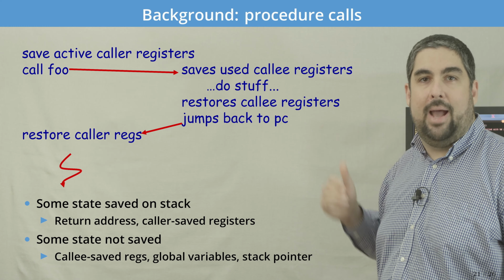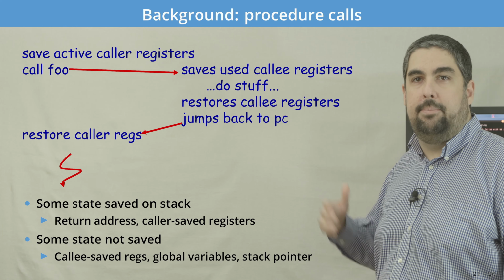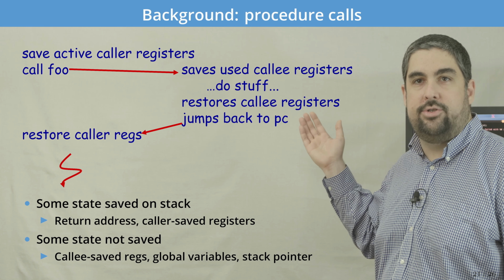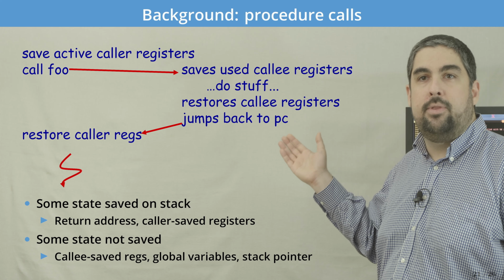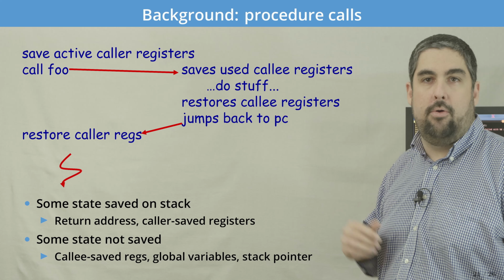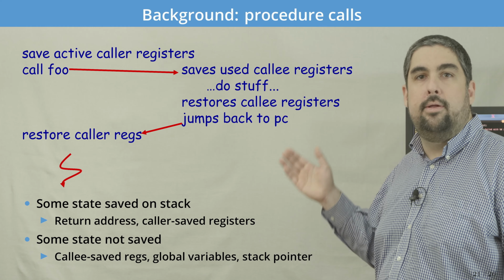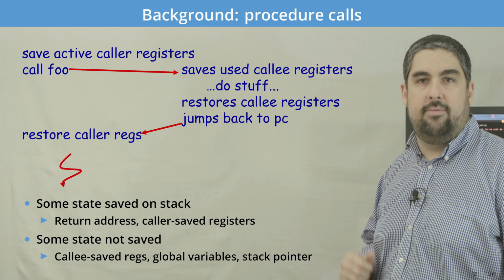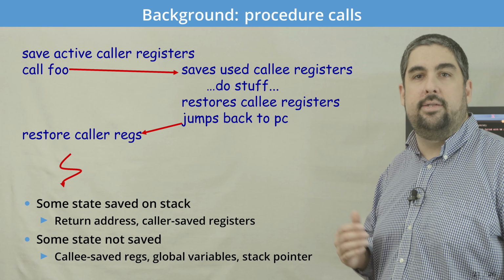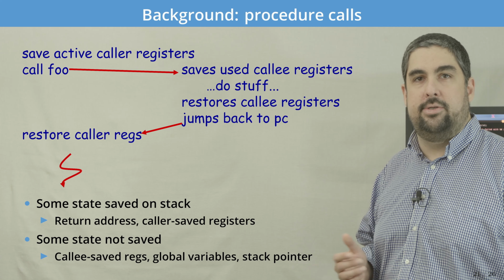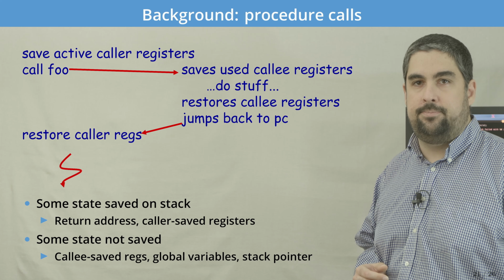Then it can return back to the caller. It places its return values in the registers and then jumps to the program counter where the program had just left off, right after the call instruction. The code there should restore all of the caller registers, and then it can continue doing its computation and using any results from foo.